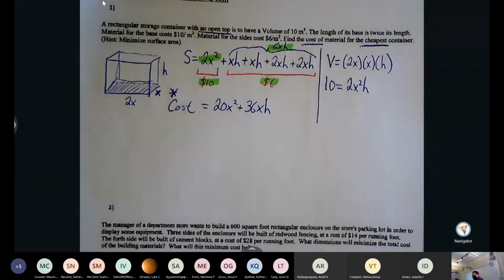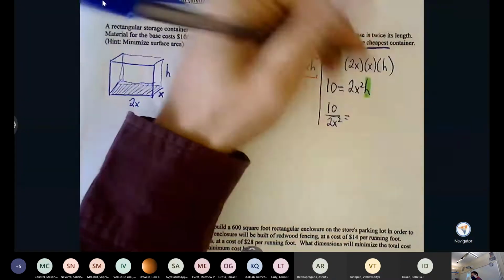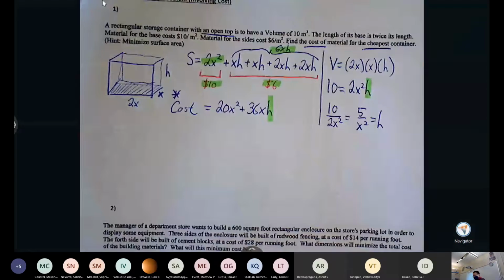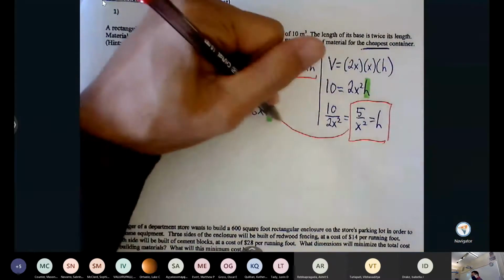Now we're going to solve for h. This reduces to be 5 over x squared. So here's my h equation. And this is what I'm going to use to substitute.